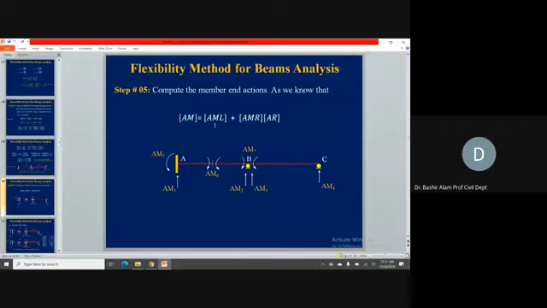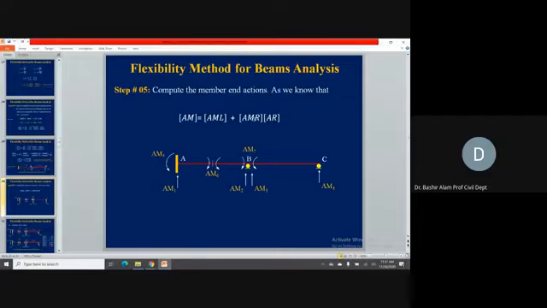And remember, from the same analysis we calculated the DRL matrix, and from there you can find the corresponding AML values. The AMR values will come from the analysis of the determinate structure where we applied the unit load corresponding to the redundant actions.